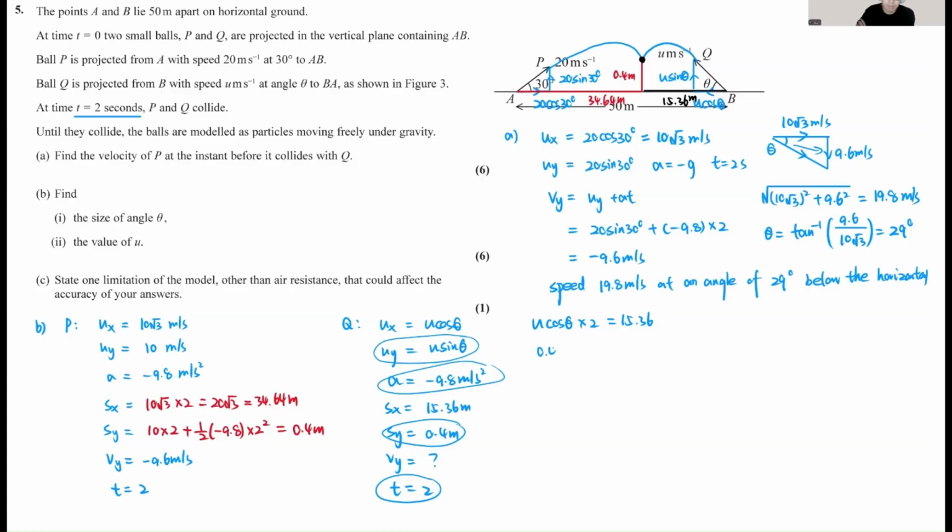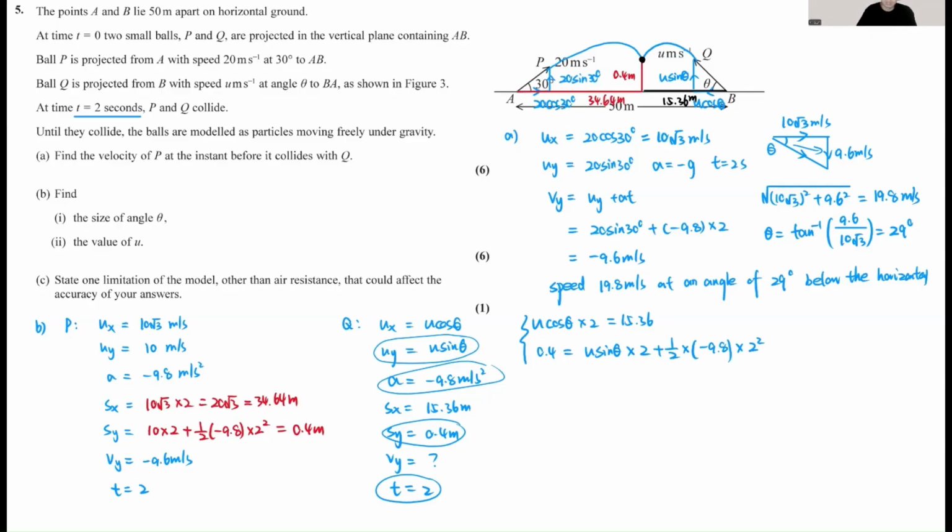So s is 0.4, and then u, which is U sin theta in the vertical direction, times t, which is 2, and then plus half times a, negative 9.8, times t squared. So that'll be the two equations we have. So we can now simplify and try to solve it.